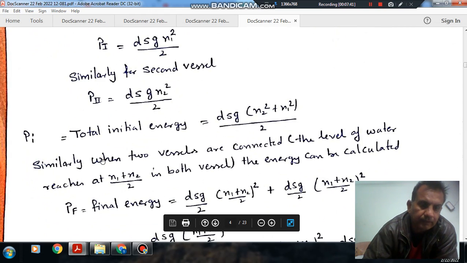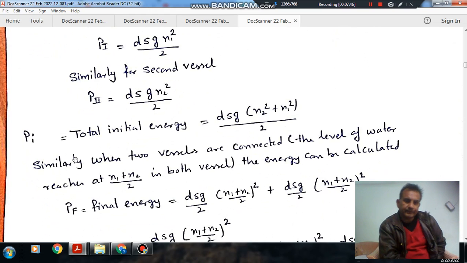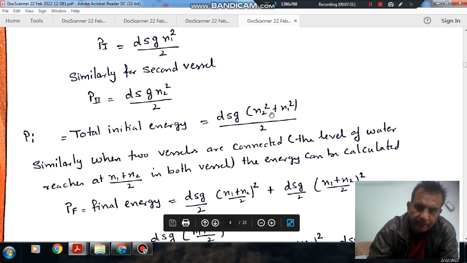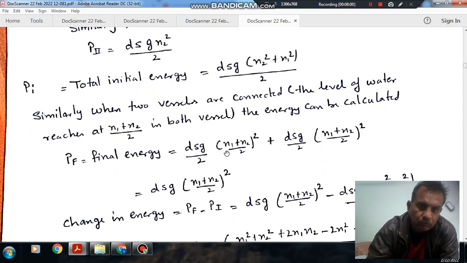Now when both vessels are connected, there will be a change in height, and the height in both vessels will be the same, equal to (x2 + x1) by 2. So the energy in the first vessel will be ρSg by 2, because the height is now (x1 + x2) by 2.